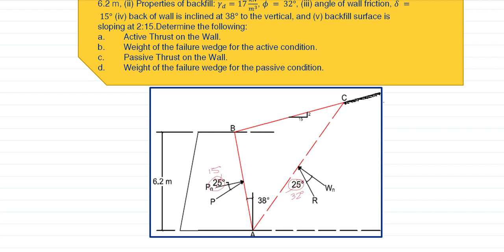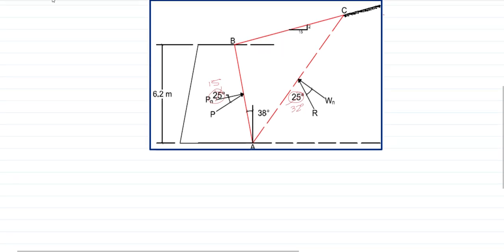So, syempre, to start, kailangan natin i-determine yung mga values na ibinigay sa atin. So, ilista natin. Yung H dyan is 6.2. Yung phi natin is 32 degrees.